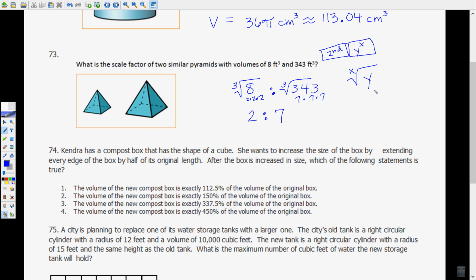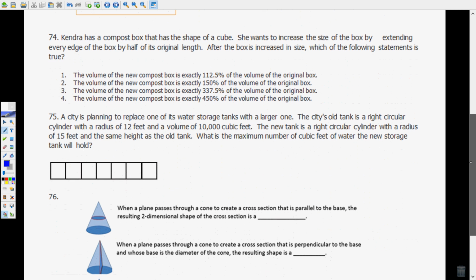So you'll put in the number, say 343. You hit the second button, and then you hit the 3 for your cube root, and that will give you the 7. So 2 to 7. So your scale factor, depending on which way you go, is 2/7 or 7/2, depending on which way they ask, and they don't really ask you a particular way for that one.